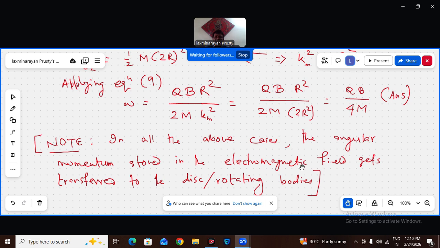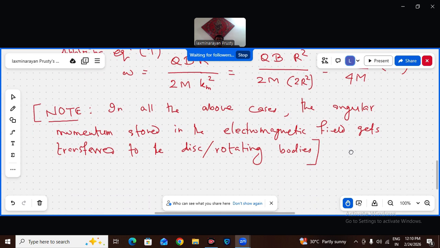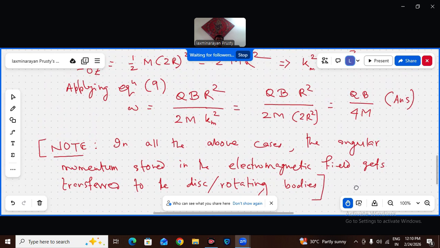That's where I discussed the momentum stored in the electromagnetic field gets transferred to the disk if this field is switched off. And this conforms to the conservation of angular momentum. Okay, right? All of you clear?